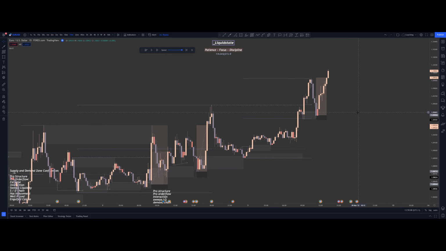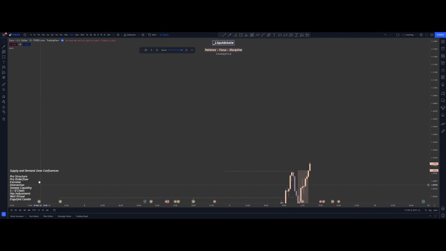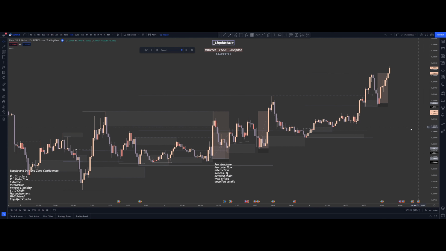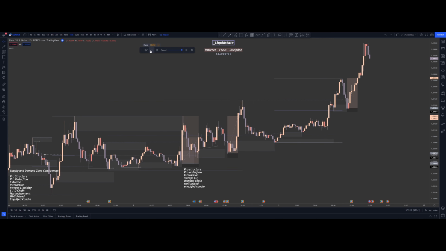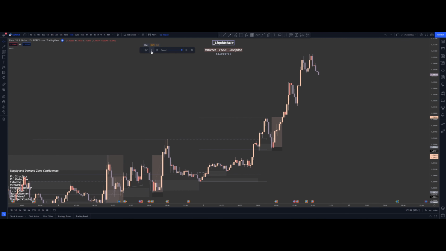So it's just kind of applying these confluences down here, as many as you can per zone, and waiting for the good ones so that you don't take losses on unnecessary zones. So like here, the continuation would have been very difficult to get into, and it's not high probability.